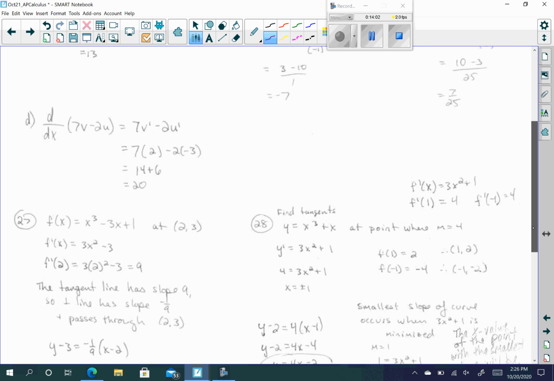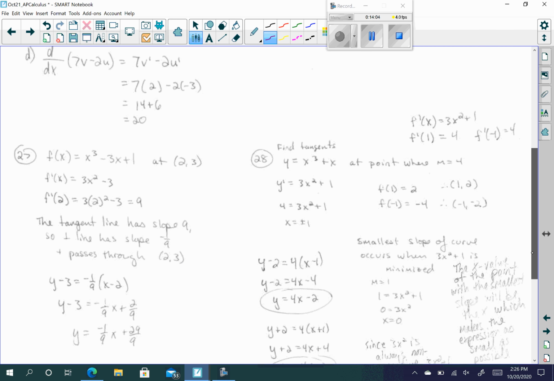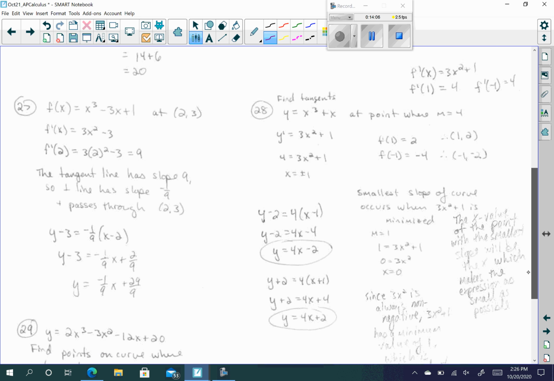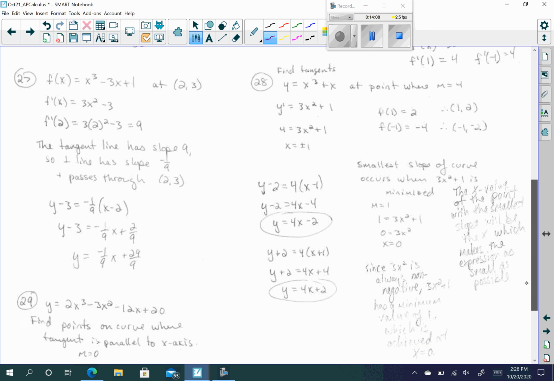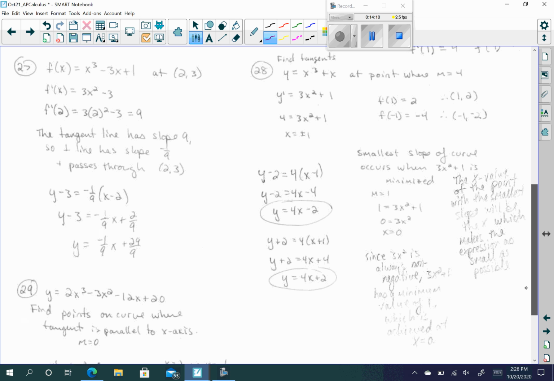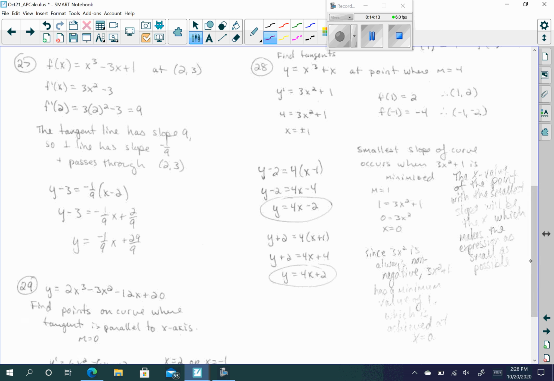So here's all the problems with the work or explanations. Now for 28, this is more of an AP style question, asking where does the smallest slope of the curve occur?